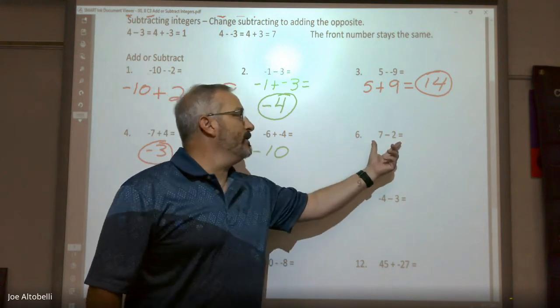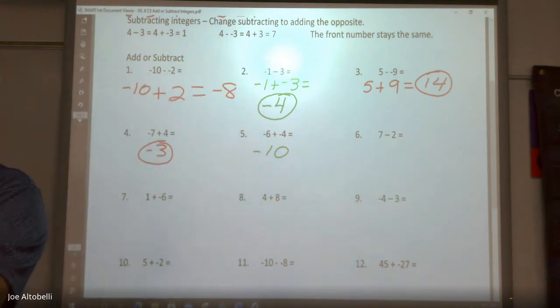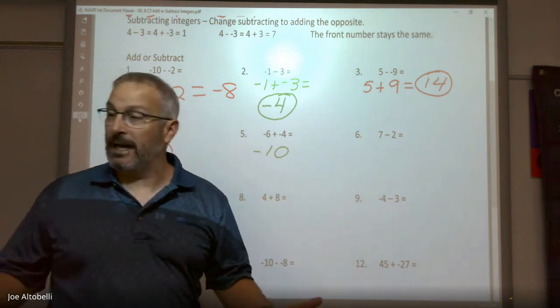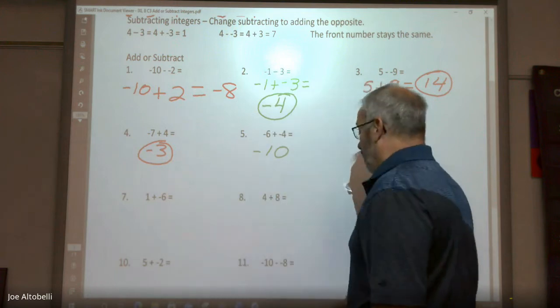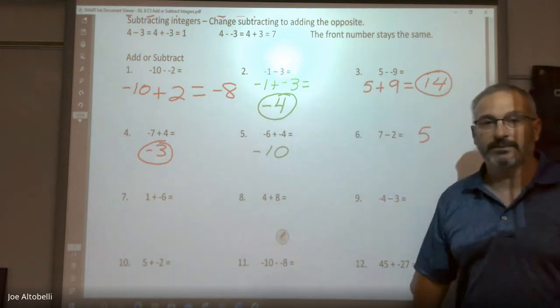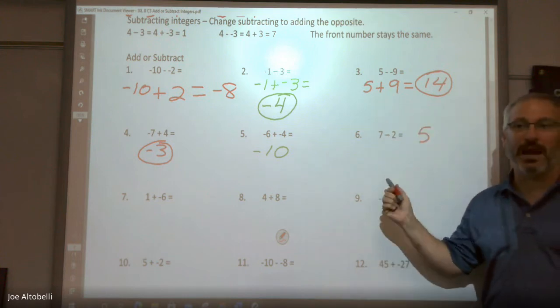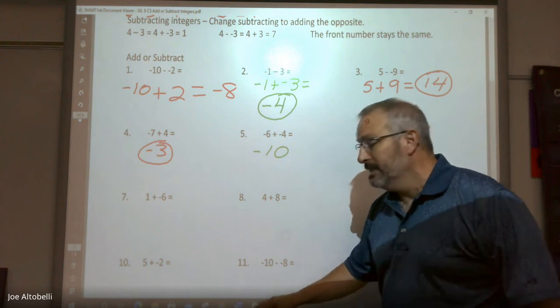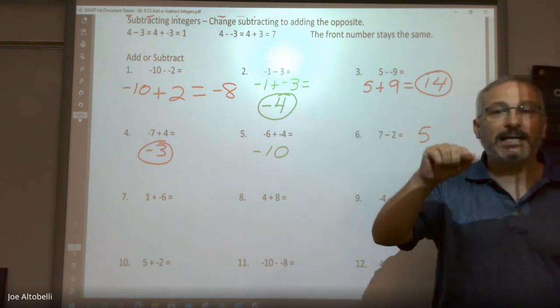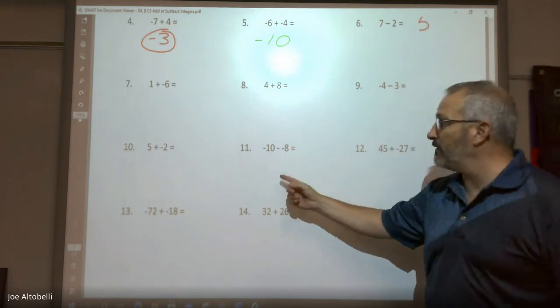Well, when we look at 7 minus 2, that's just like in kindergarten when we had 7 sticks, and we took away 2 sticks, and then we counted how many sticks we had, right? And we got 5. So some of you are going, well, Mr. Alderman, I don't have to rewrite it. I already know that. Fine. But practice rewriting it, because yesterday, many of you weren't getting these other ones right.